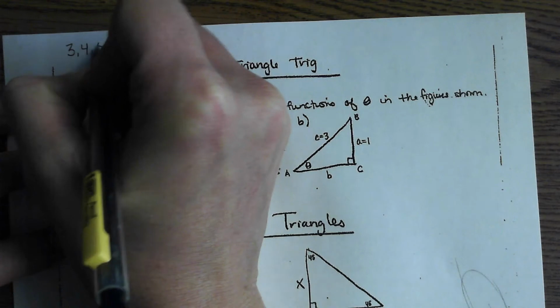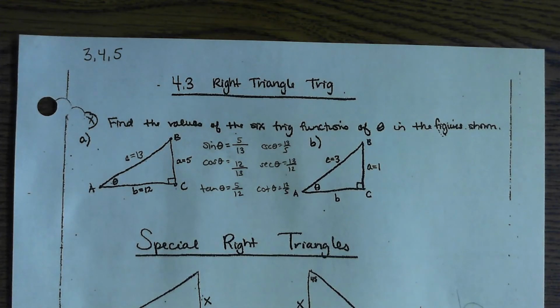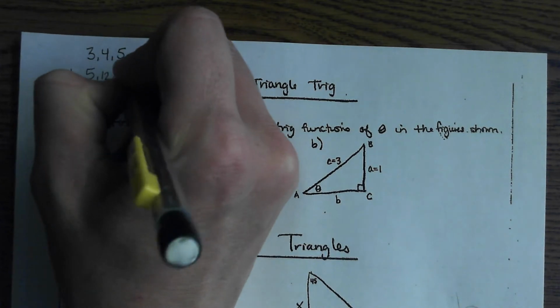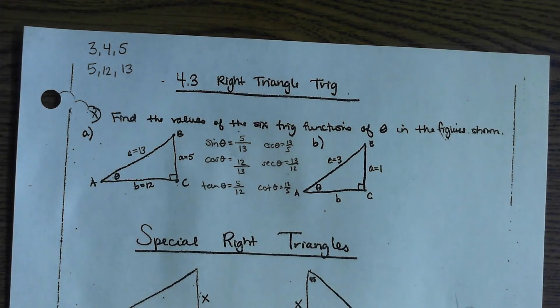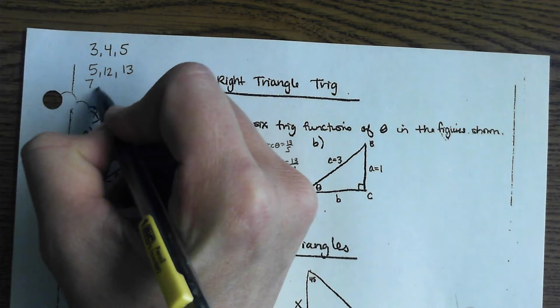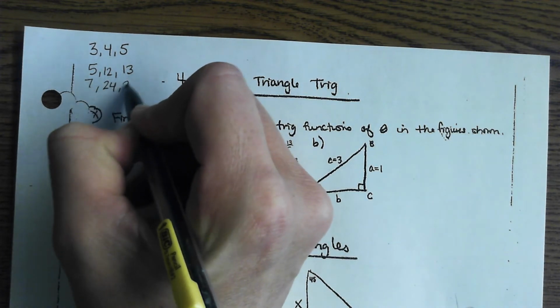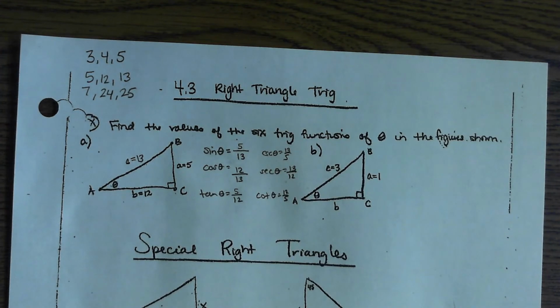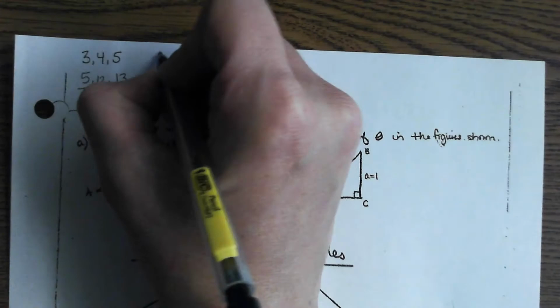3, 4, 5. Obviously, your legs are the shorter two. 5, 12, 13. 7, 24, 25. And is it 8, 15, 17, I think?